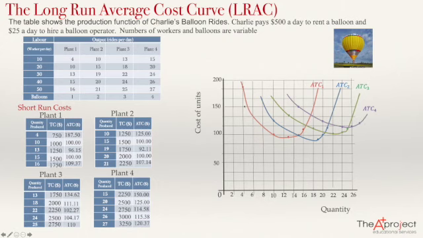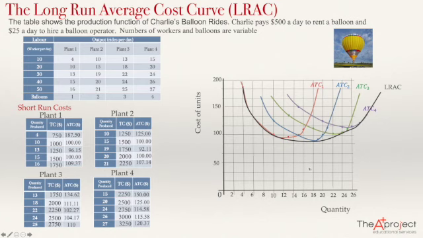So actually there is a curve here, and this is the curve that we call the long run average cost curve. This curve helped me to see the way that Charlie is working. Charlie is working in such a way that he has the lowest cost. This curve is separating the possible costs that Charlie could have from the costs that Charlie cannot have. So the unattainable costs are here.